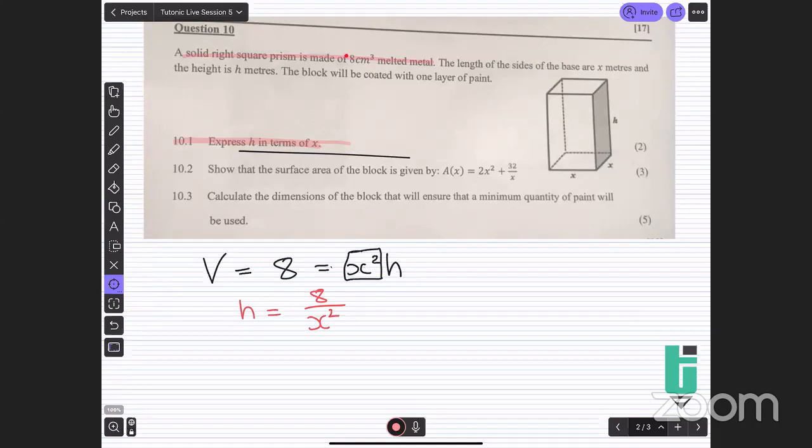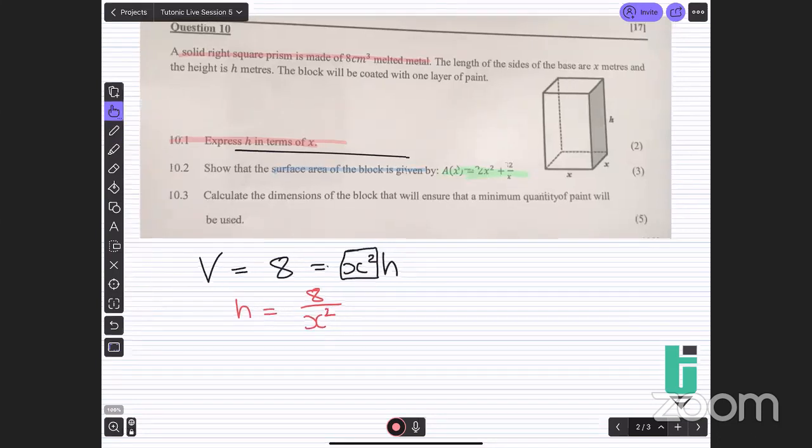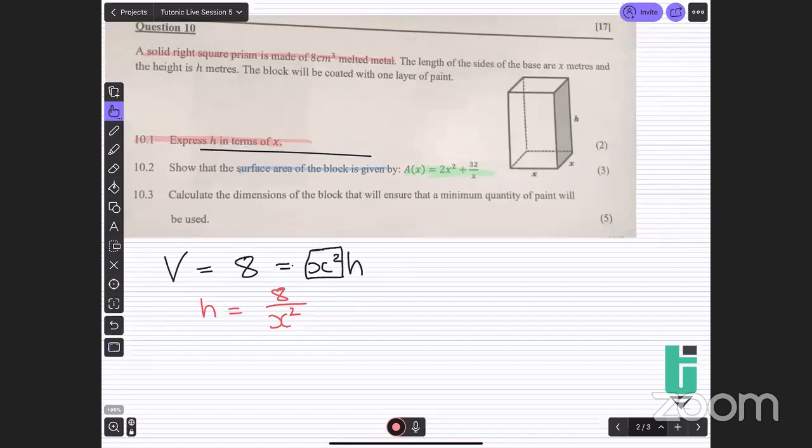Okay, show that the surface area of the block, let's highlight that, is given by this equation. So what's the first thing we're going to do? What's an expression for the surface area of the block?